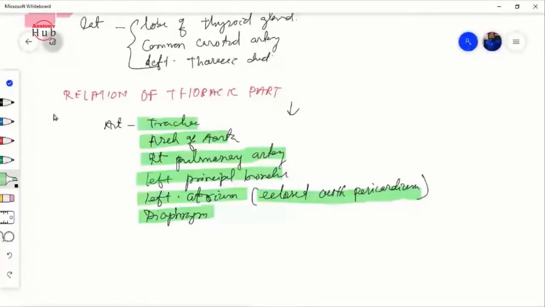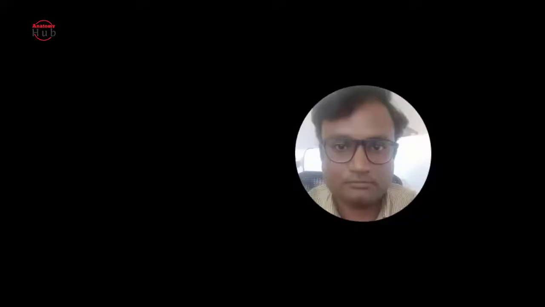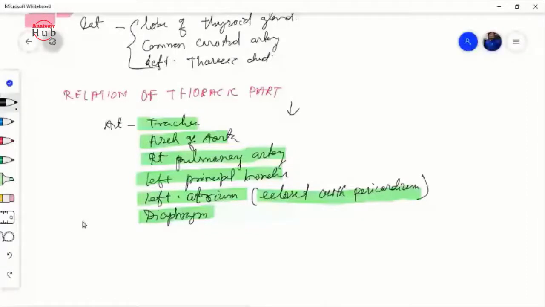Like that you will have the posterior relation. What things are present posteriorly? Posteriorly, no doubt, you will find the vertebral column.